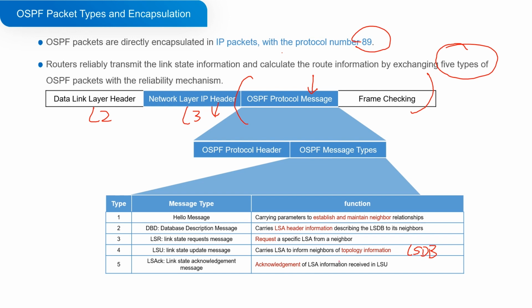Okay. So the LSAck is the acknowledgement of LSA information received in LSU. This is the introduction of the 5 types of OSPF packets. And now we will learn more details about each of the 5 types of OSPF packets on the next page.